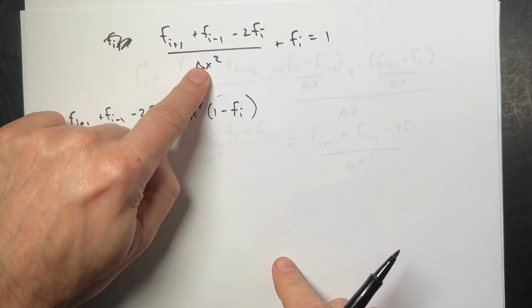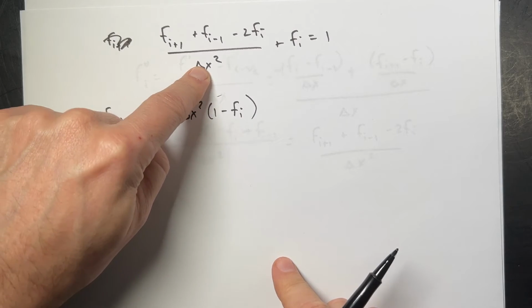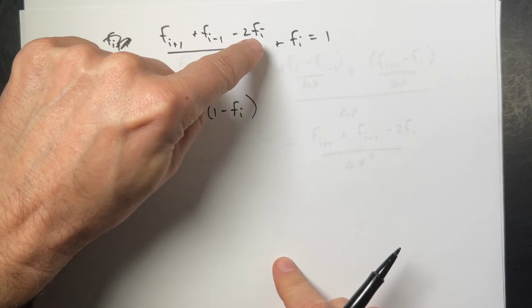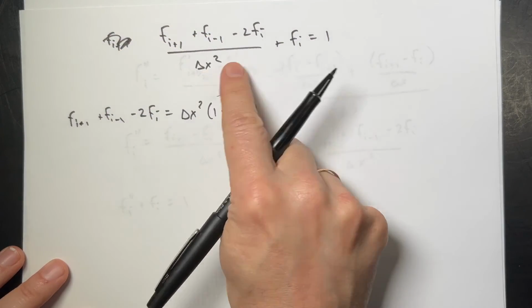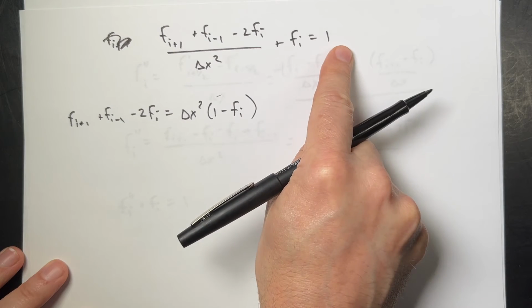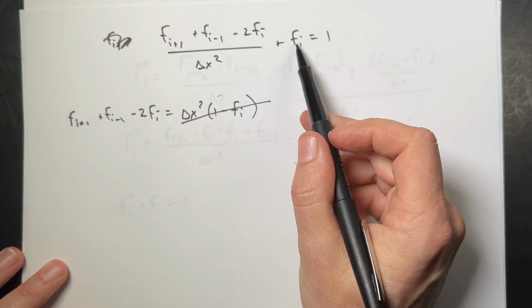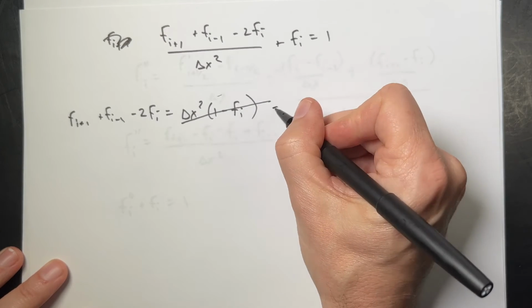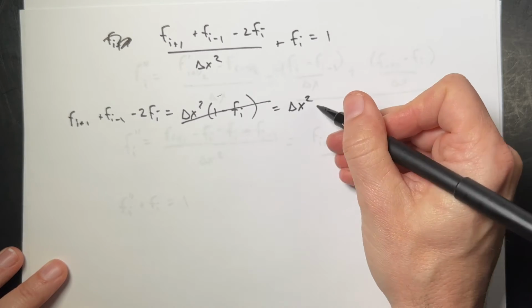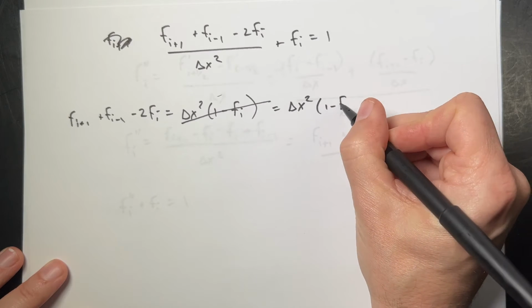Right, so I multiply both sides by delta x squared, and then I, oh wait, that's wrong. Multiply both sides by delta x squared, and then I subtract that. So this is wrong. No, that's right. I subtracted that, then multiplied it. That's right: delta x squared times (1 - f_i).